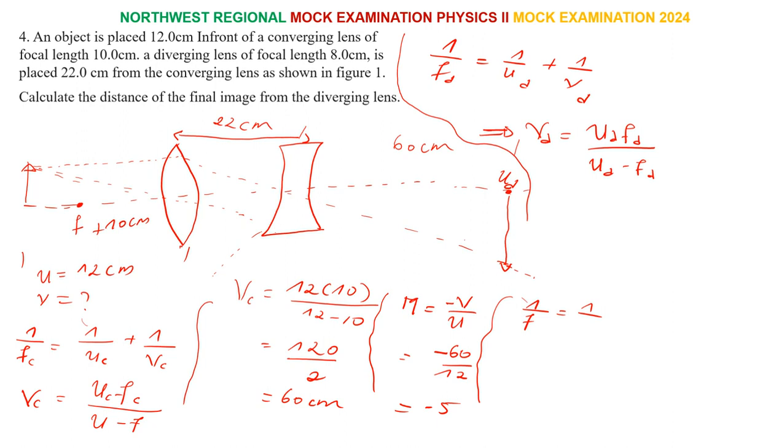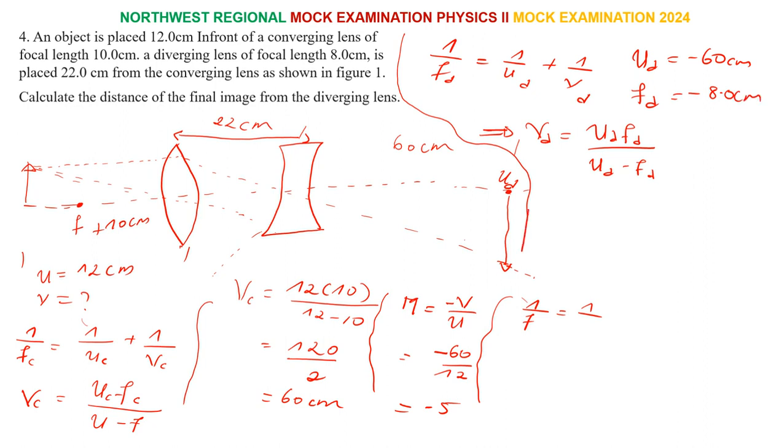Now, what is our object distance? We saw that the object distance with respect to the diverging lens configuration will simply be negative 60. So we have u_d equal to negative 60 centimeters, because the object is inverted, and the focal length f_d of the diverging lens is 8.0 centimeters, so it's going to be negative 8.0 centimeters.